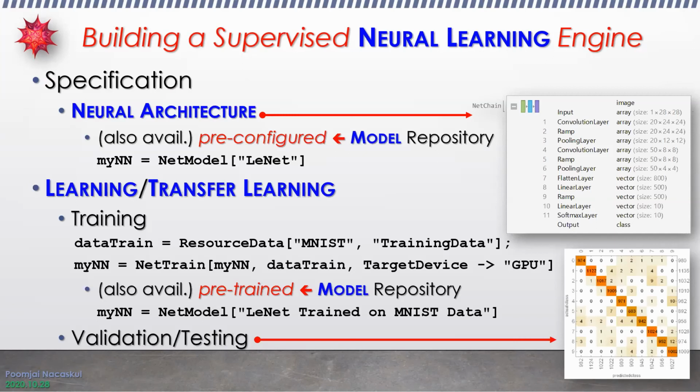But from scratch means what? You have to say something like, my neural network is equal to a net chain of 5 layers. Try something. Now, this is all experimental. But basically, there are some heuristics. For example, if your input vector is size n, have the second layer be no less than n divided by 2.